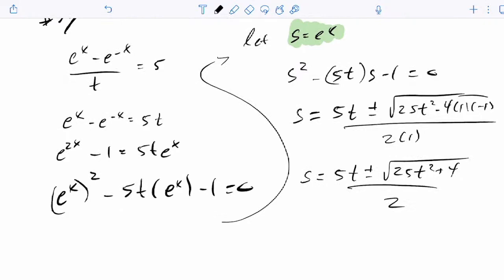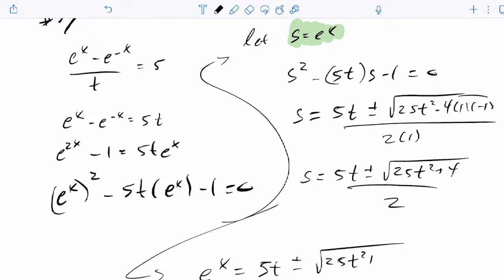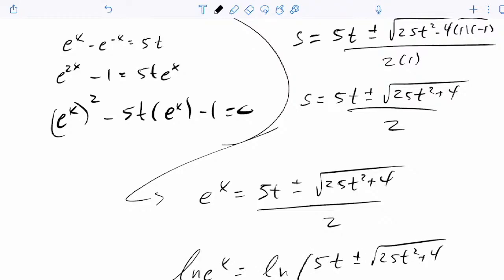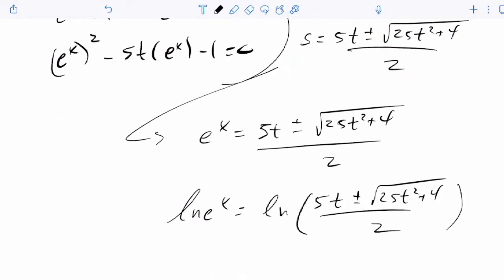Now, I'm looking to solve for x, not s. So that means e to the x is 5t plus or minus the square root of 25t squared plus 4, over 2. And then you take the ln of both sides. By taking the ln of both sides, the x drops down.